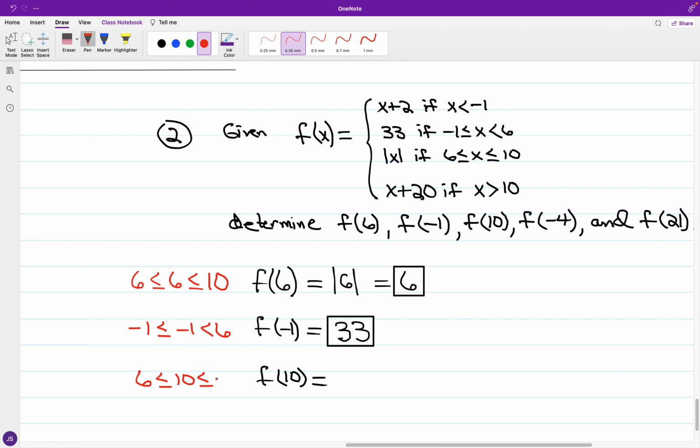And while 10 cannot be less than itself, we do have the equal sign where 10 is equal to 10. Just like with 6 earlier, we use the absolute value function portion of f of x. So we have the absolute value of 10, which is 10 itself.